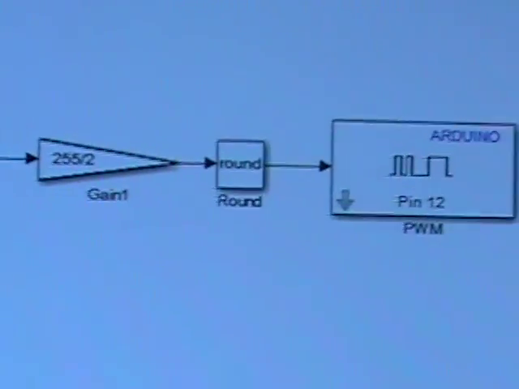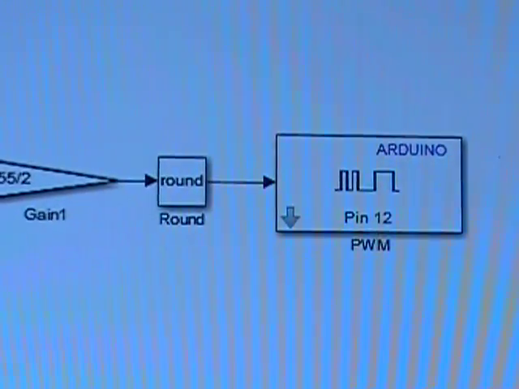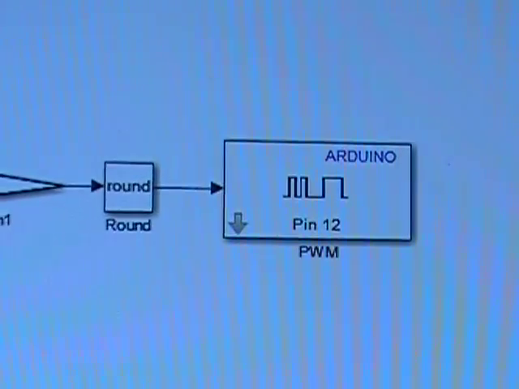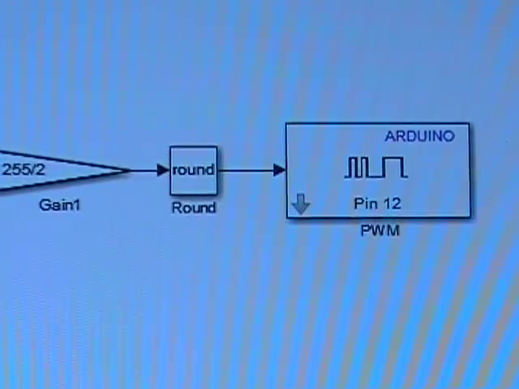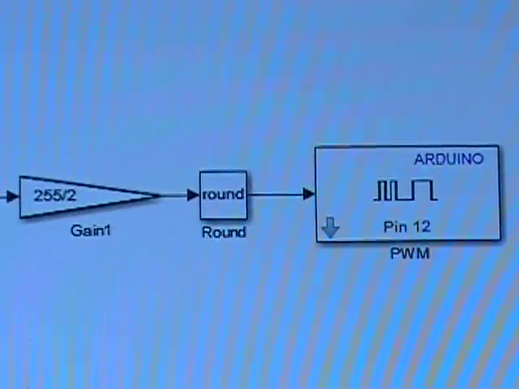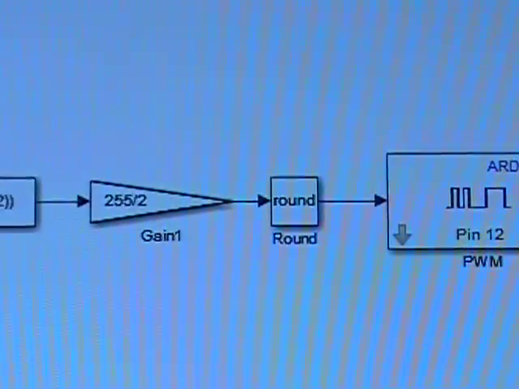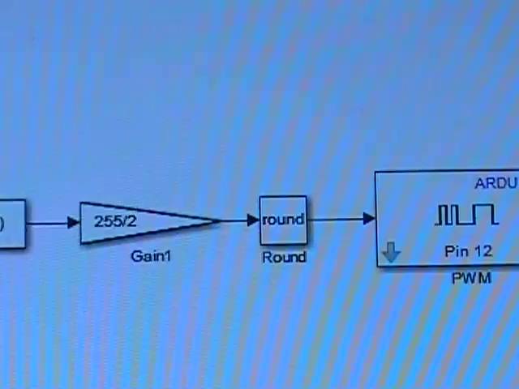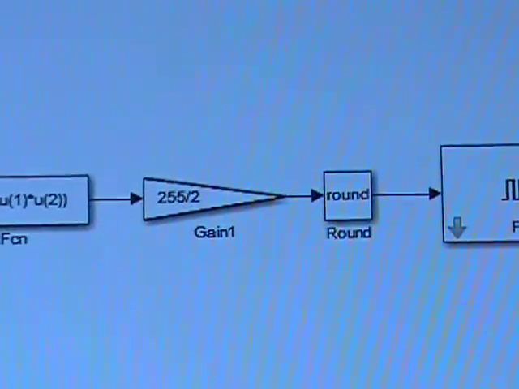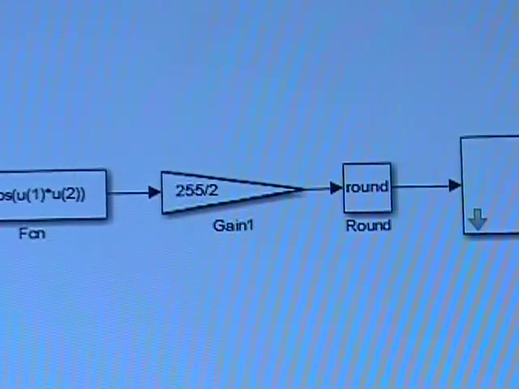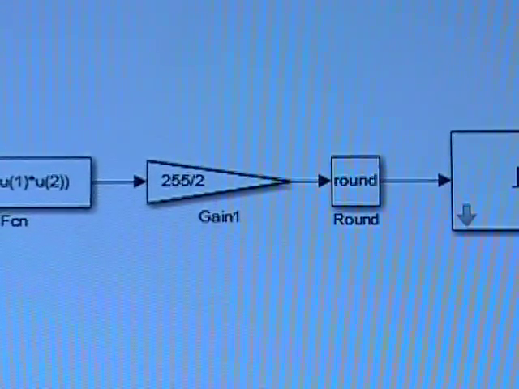The Arduino output uses pulse width modulation. A 100% duty cycle is selected by choosing a value of 255 to send to the output pin, and a 0% duty cycle correlates to a value of 0.